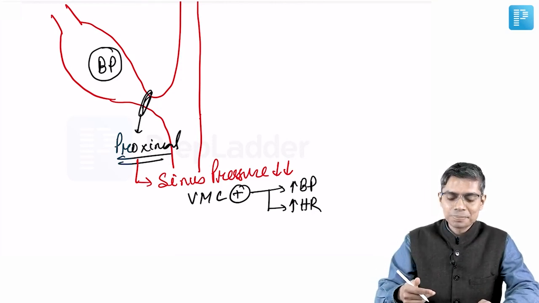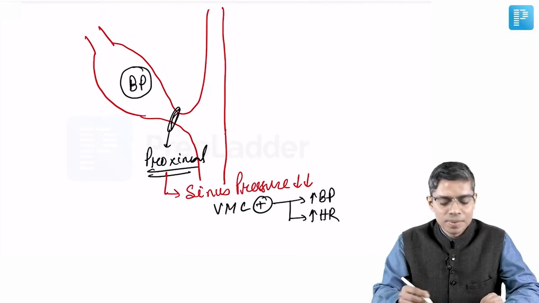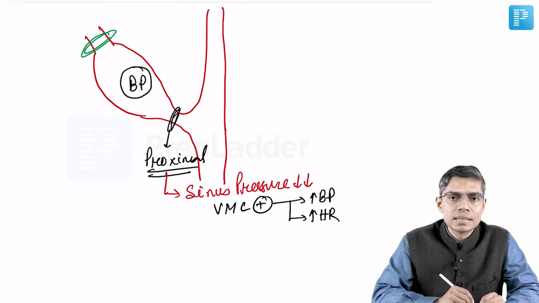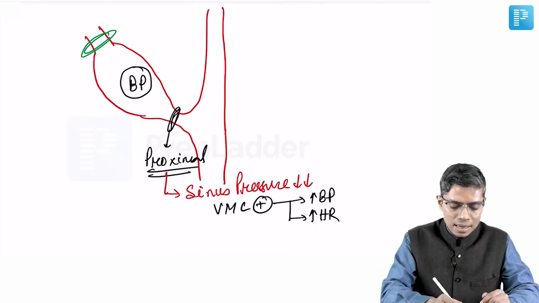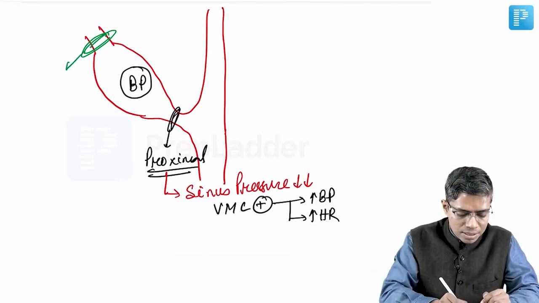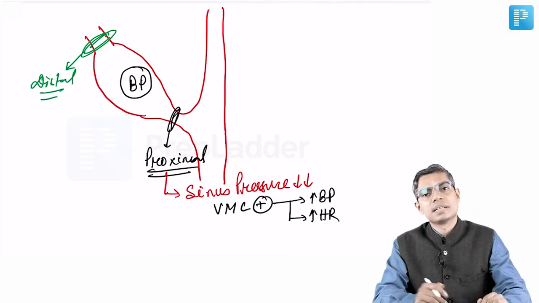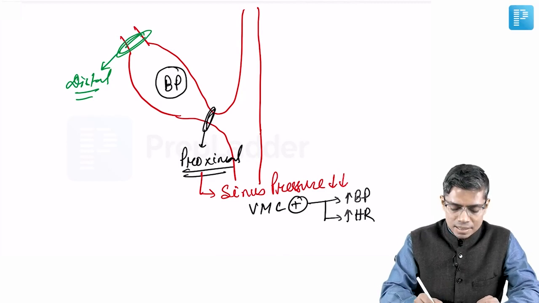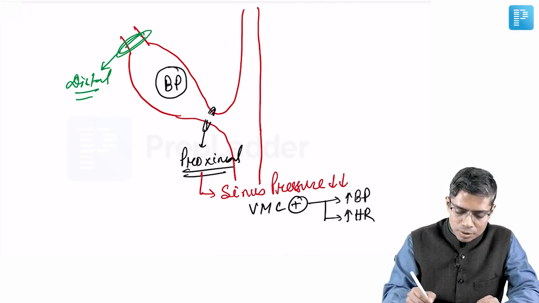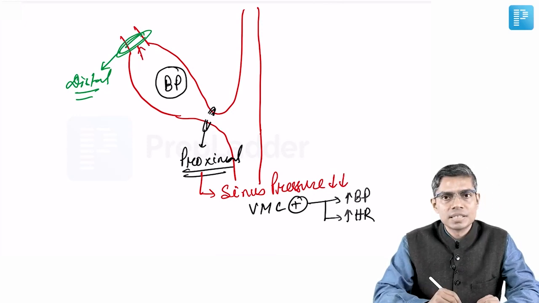The next year, they asked a different question, and students thought this was a repeat question. No, they asked that if you ligate both carotid sinuses and the ligature is placed distal to the carotid sinus, so this is the distal ligature, distal to the sinus, what will happen in these cases? This proximal part is open, so blood flow is maintained, but that blood is not able to go through the ligature region.